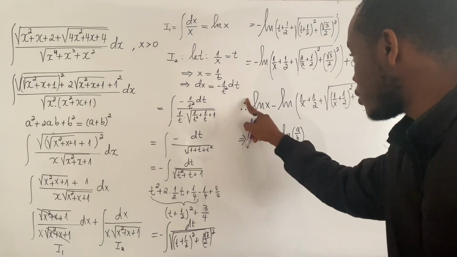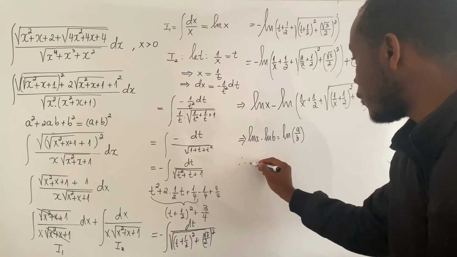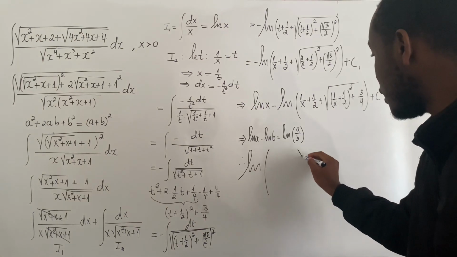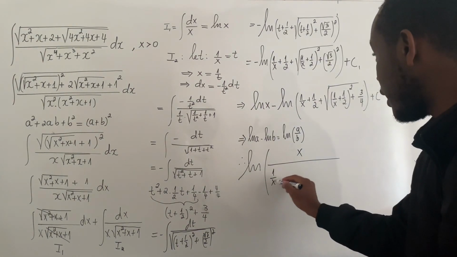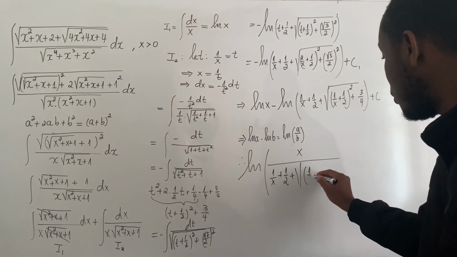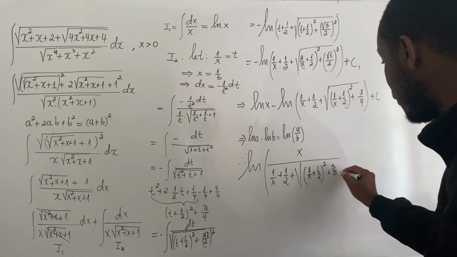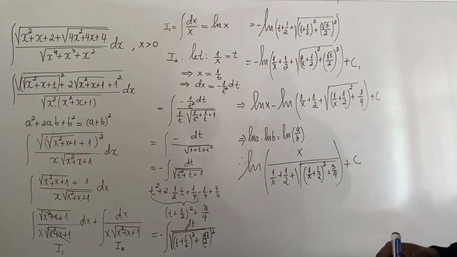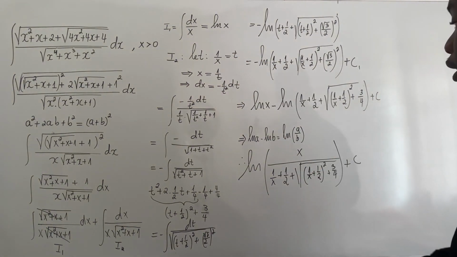So the final solution will be ln of x over 1 over x plus 1 over 2 plus the square root of 1 over x plus 1 over 2 squared plus 3 over 4, plus c. So this one is the solution for that given integral.